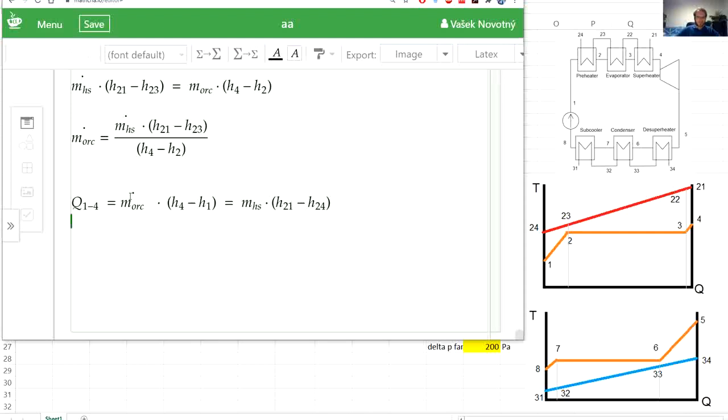So if we have a look at these two members on the right hand side, the only unknown that we have over here is the enthalpy H24.